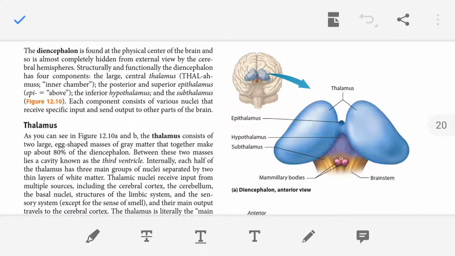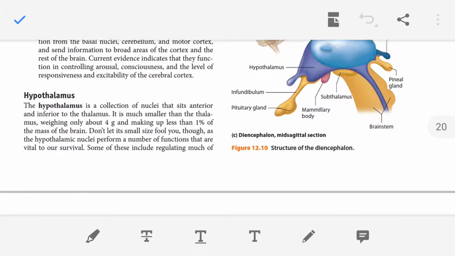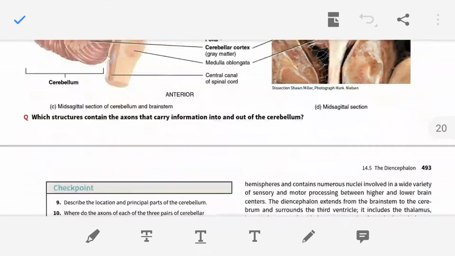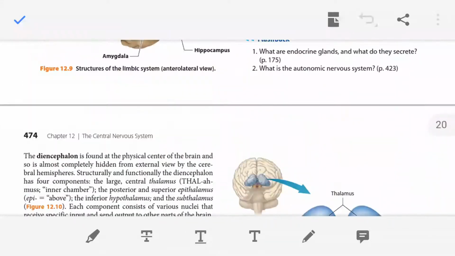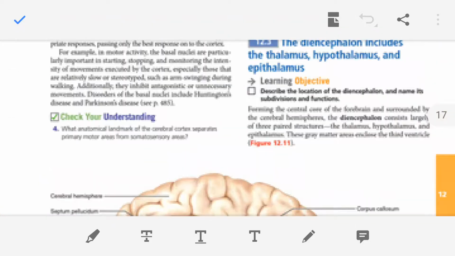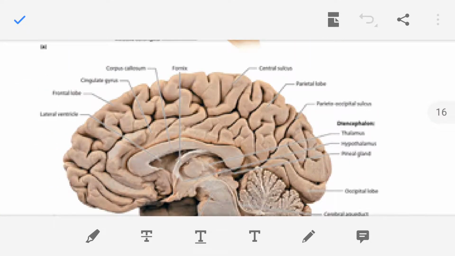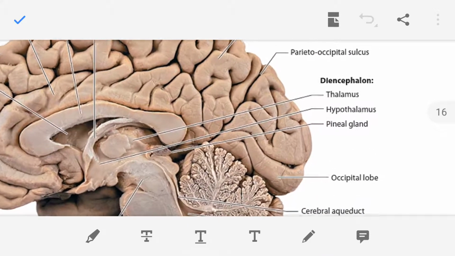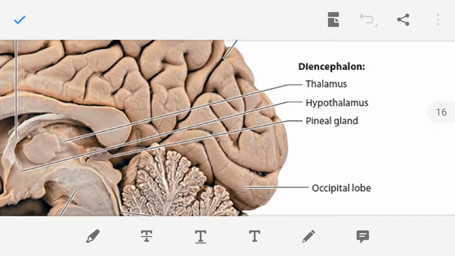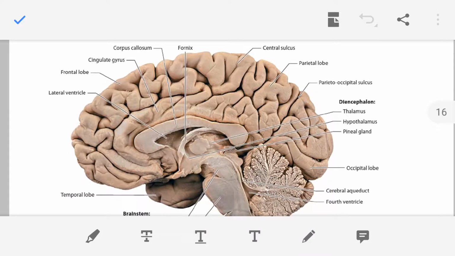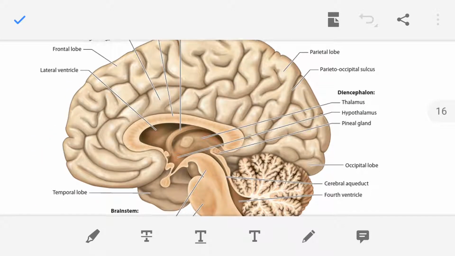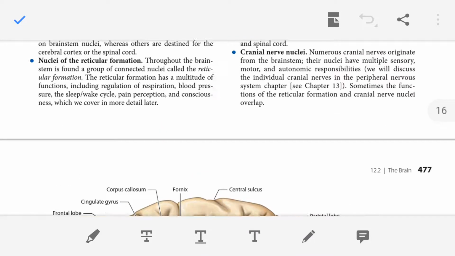Here we have already seen this figure, okay. See the pineal gland, okay. So the pineal gland was part of the epithalamus. Then here also in this figure, pineal gland, okay.